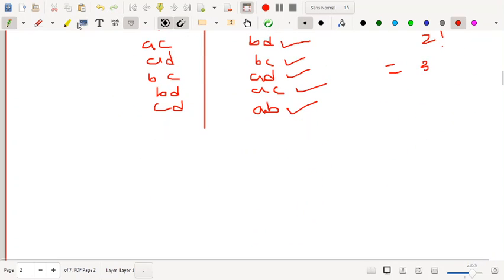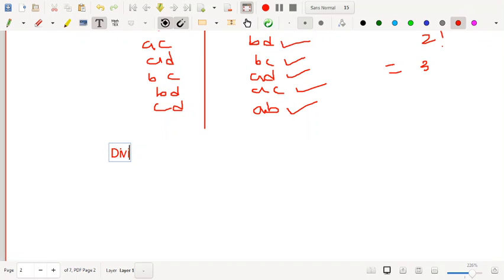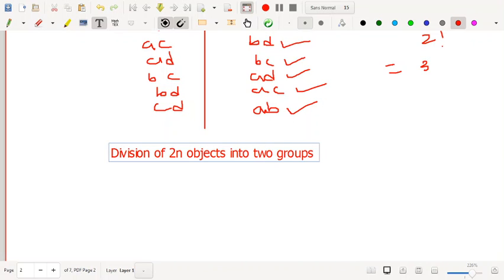Now I will generalize the rule. So I am writing the division of 2n objects into two groups of equal size.